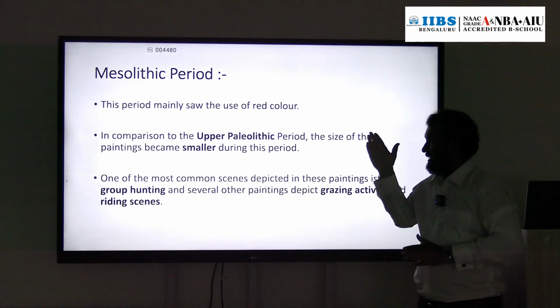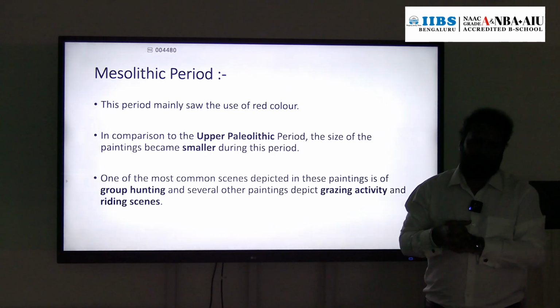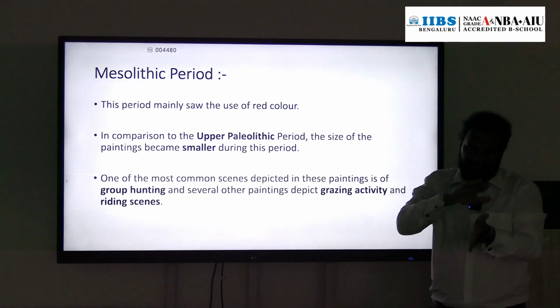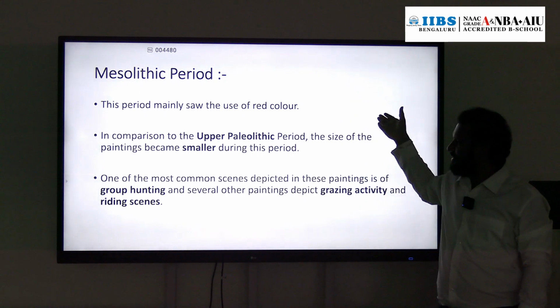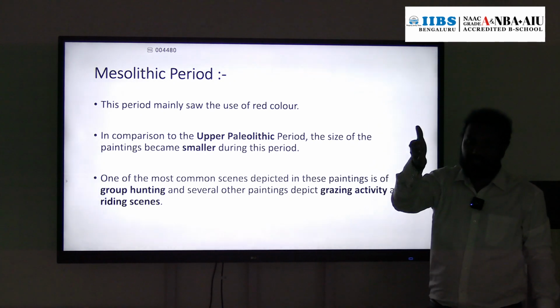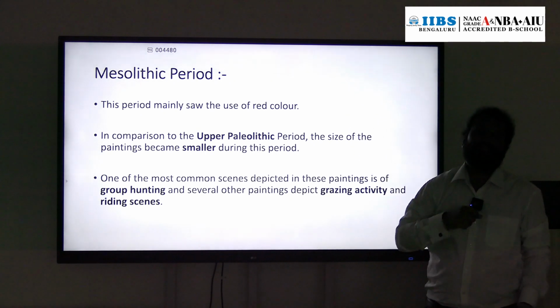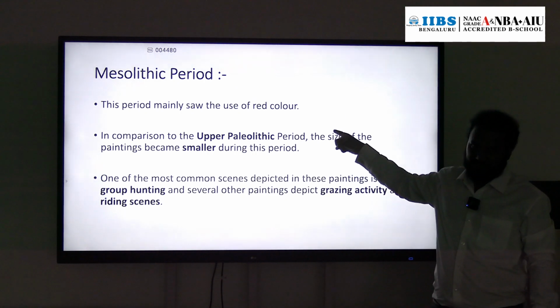In this age, the red color was used more compared to the Paleolithic age. In the Mesolithic age there was abundant usage of the red color. Compared to the Paleolithic age, Mesolithic paintings were small in size, but they were mural paintings only.